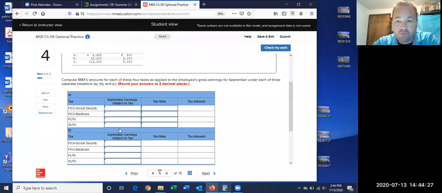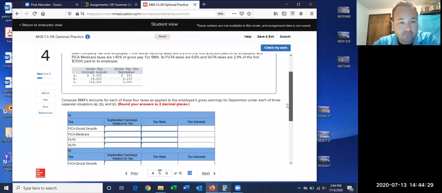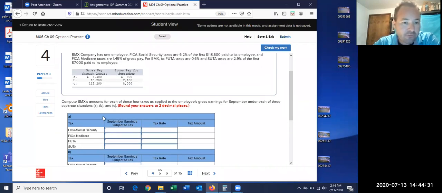Okay, so for employee A, for FICA purposes, how much of the 800 am I going to be taxed on? That's basically asking, are we going to hit a cap? Are we going to hit this cap if we take 800 plus the 64? And the answer is nowhere near it. So we're just going to be taxed on the whole 800.